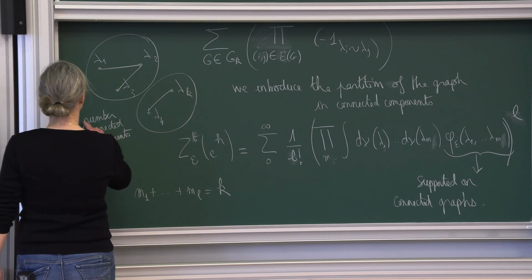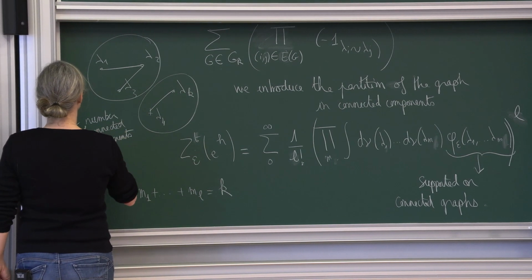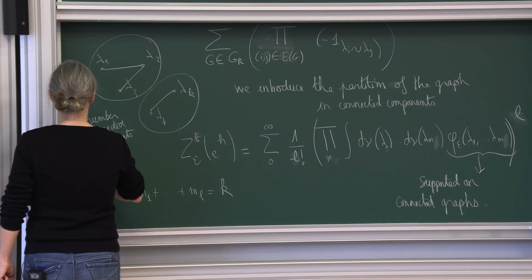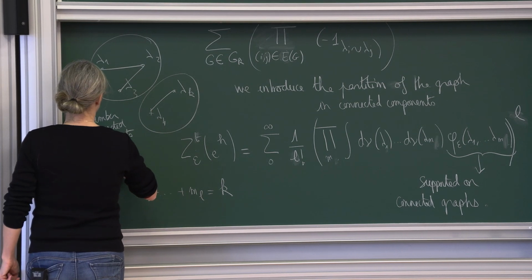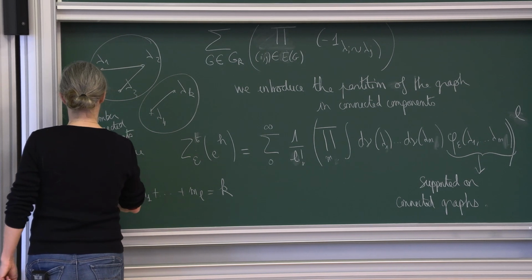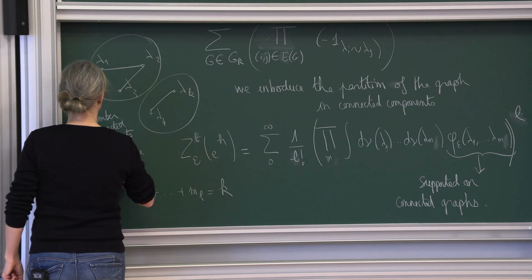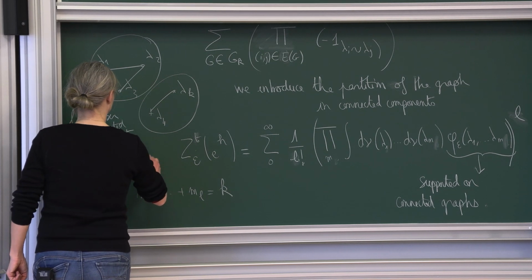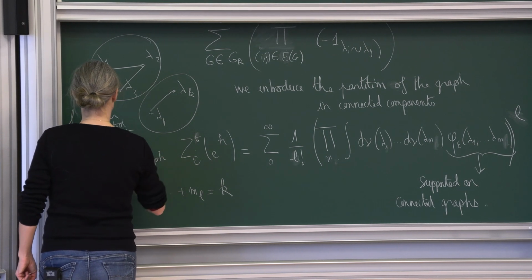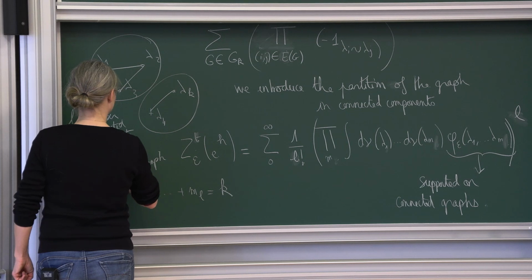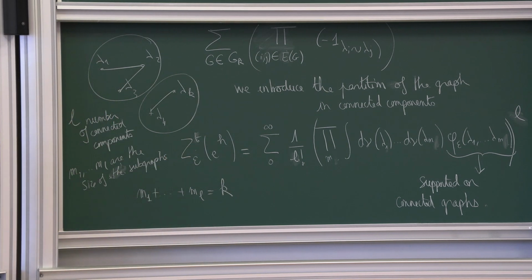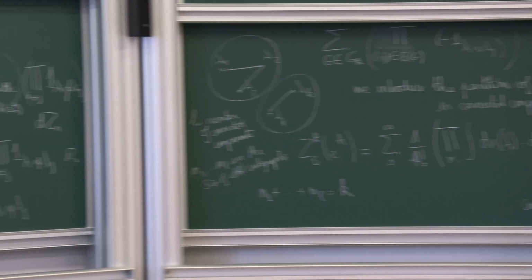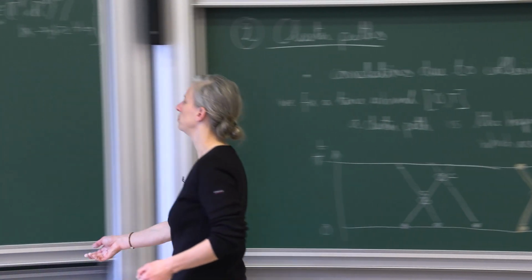So L is the number of connected components, and m1, ..., m_L are the sizes of each subgraph. Okay, and then you have a formula for this phi, and I will keep it because I will need it.